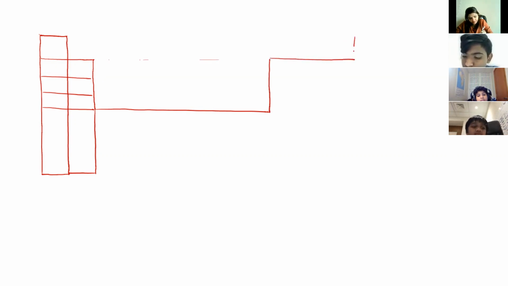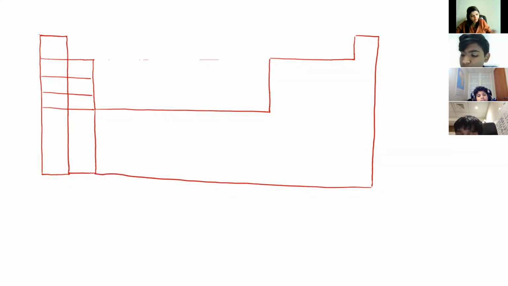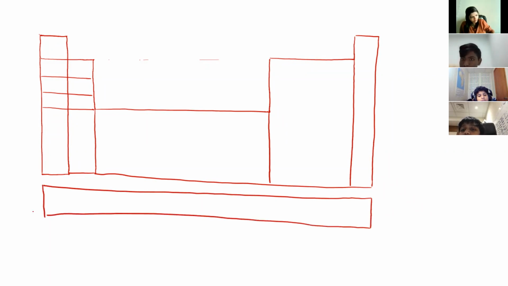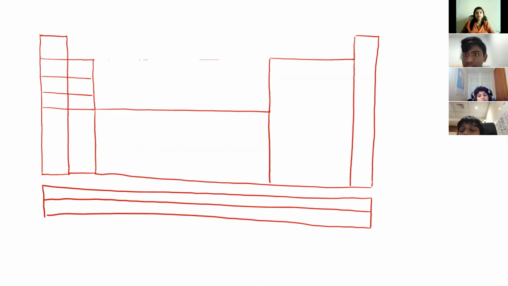A rough diagram we are going to draw of periodic table. So this is the rough diagram of periodic table.